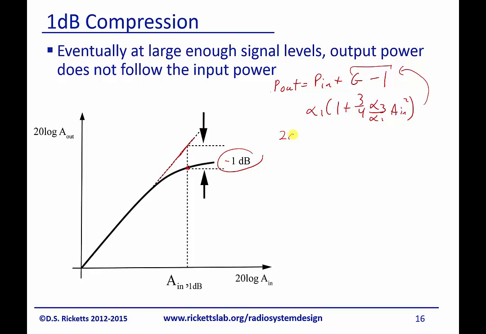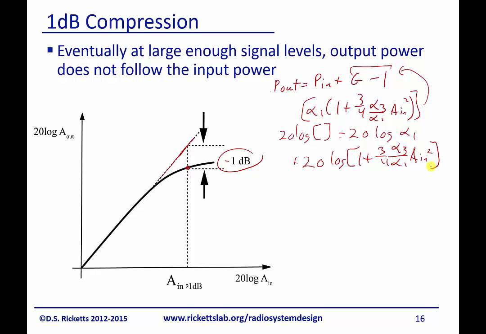Well, if I take 20 log of this, I'm going to get 20 log of alpha 1 plus 20 log of 1 plus 3/4 alpha 3 over alpha 1 A in squared, right? Remember, this is in the voltage domain, and this is in the dBm domain, right?